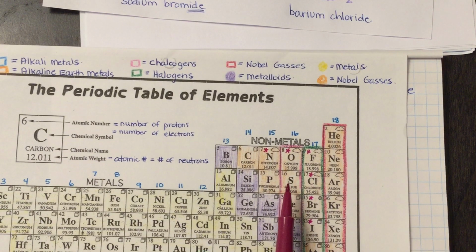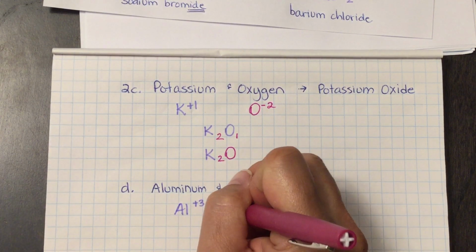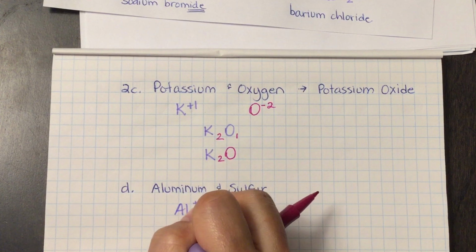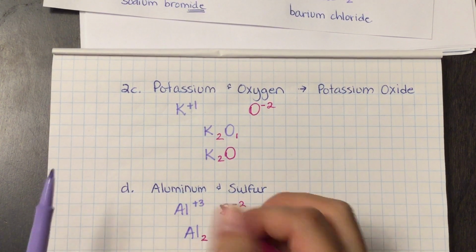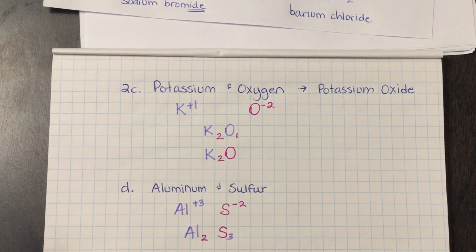Okay, so we're gonna have Al +3 and sulfur right there. So sulfur is 1, 2. Okay, so when we crisscross and combine, we have Al2, and then we have S3.